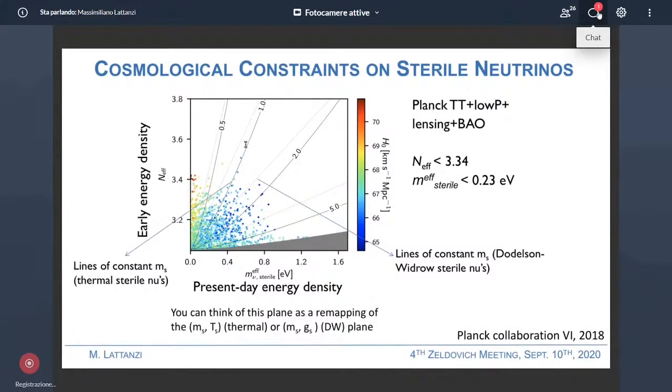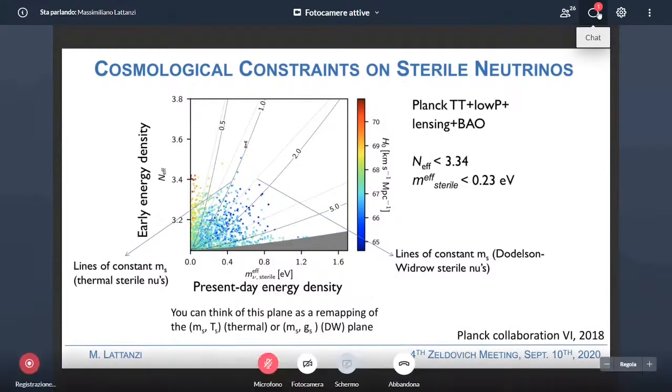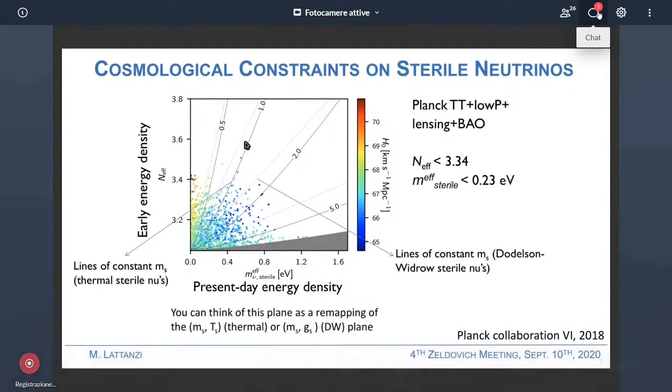If the sterile neutrino is thermal, or has a distribution which is a Fermi-Dirac times a suppression factor, which is what you expect if you produce the sterile neutrino through oscillation from the active one, then at the level of cosmological perturbations you can just recast them as normal, active neutrinos.